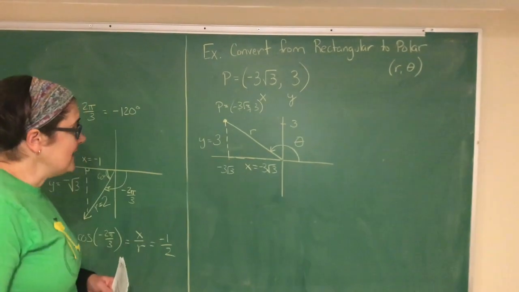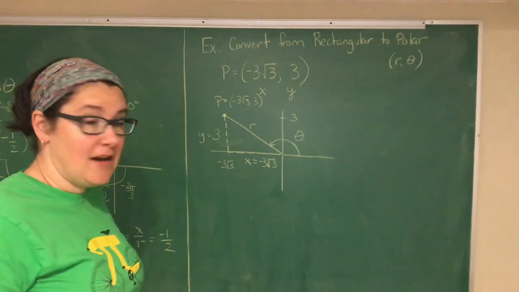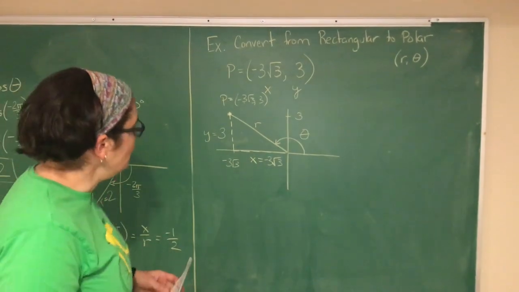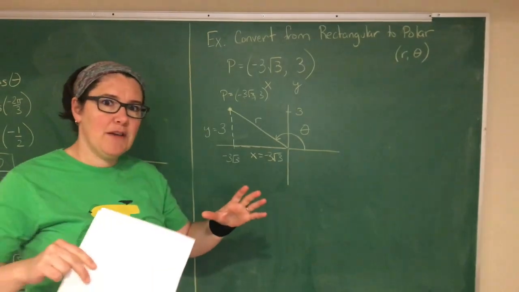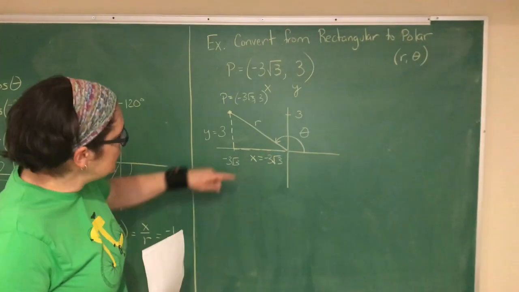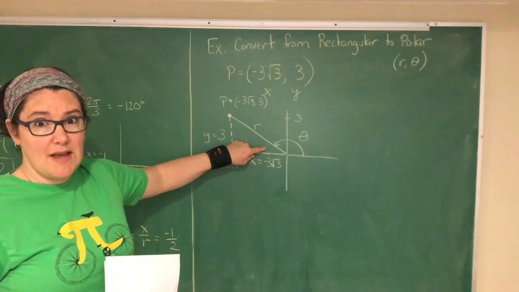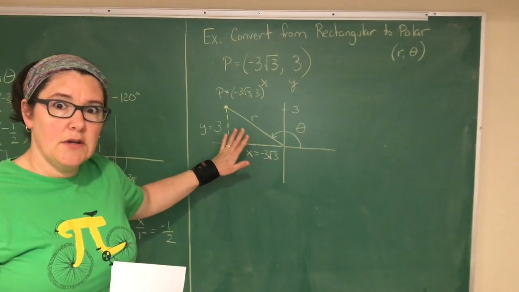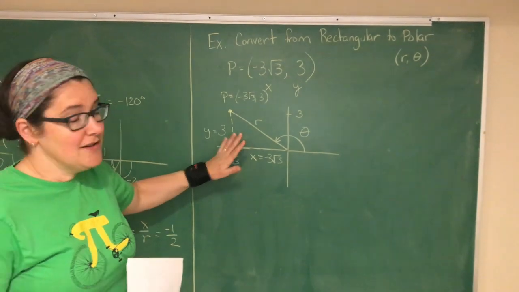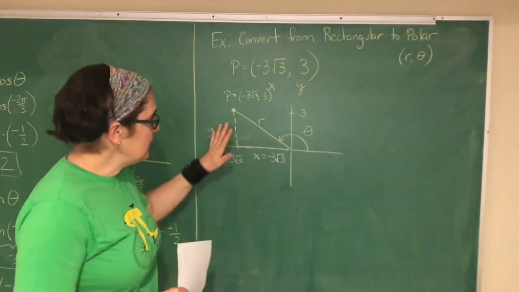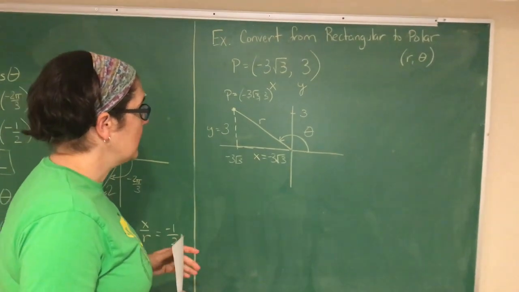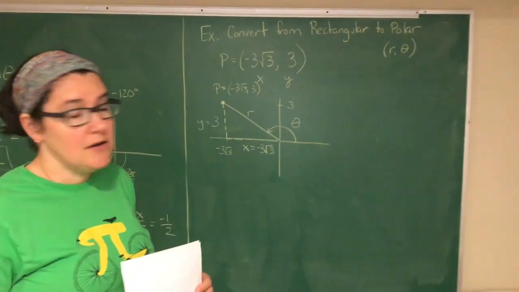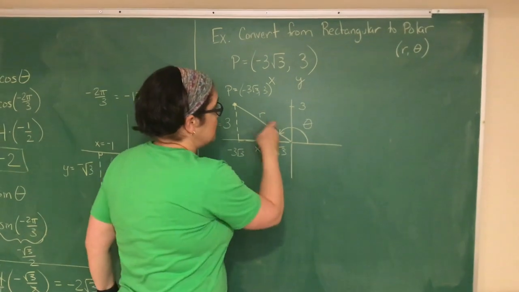Now, if I step back and stare at this, I might notice there's something going on with these numbers, and I might say, ooh, that looks like a big version of one of our special triangles, and you might recognize what that reference angle is in there. If that's the case, you can go ahead and write it down. If not, then here's how I would proceed. I need to find a value for r. I also want to find a value for theta. I'm going to start by finding a value for r.